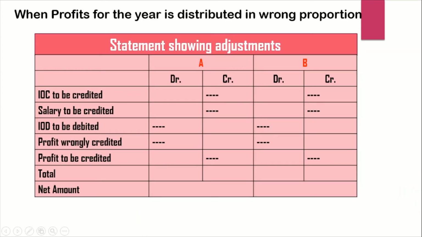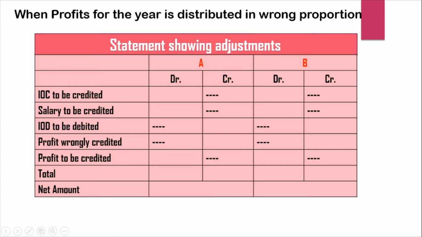In case the profit for the year is distributed in a wrong proportion, you can see this adjustment statement, which gives me the partners' columns, A, B. If there is a third partner C, we will have a third column for C also. But you can see the firm column is missing, because now we are not seeing what will happen in the firm, since we have to calculate the correct profit anyway.